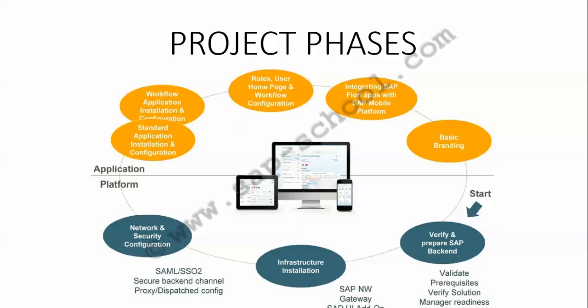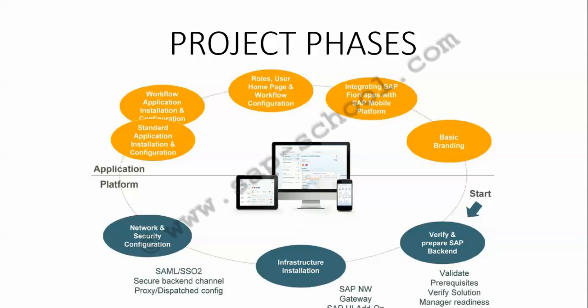Then let's come to the network and security configuration. So we have to maintain the network and security configuration. Basically all the services like SAML and SSO2 come under the security configuration. We have to secure the backend channel, and the proxy or Web Dispatcher configuration.